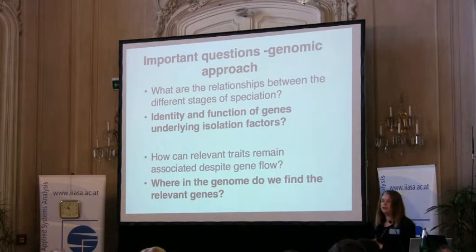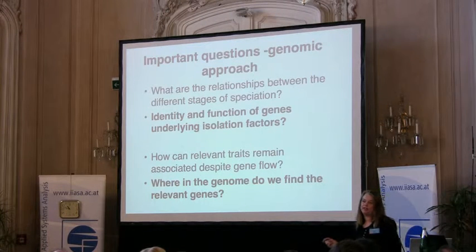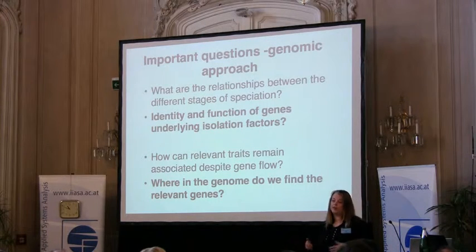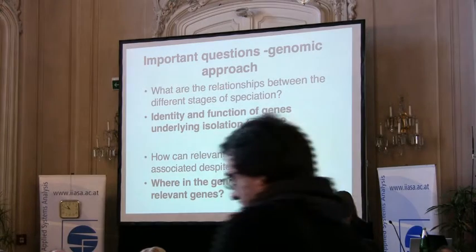So we could ask ourselves, what are the relationships between the different stages of the speciation process? How is ecological divergence related to the buildup of genetic incompatibilities between species, for example?